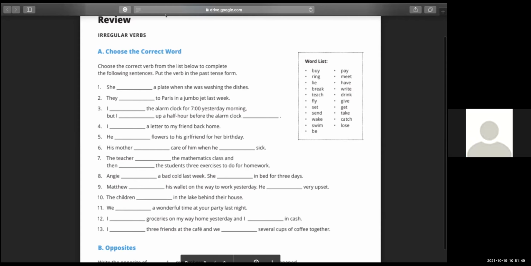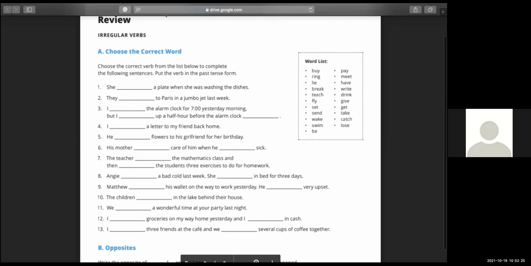Number 3: I blank the alarm clock for 7 yesterday morning, but I blank up half an hour late. I set, but I got up. Agree or not? Could you say that again?